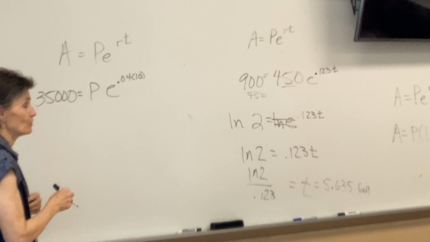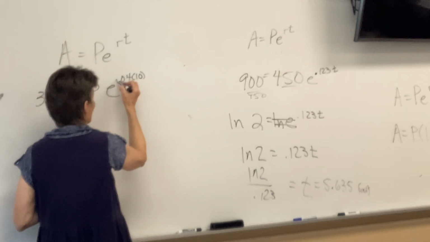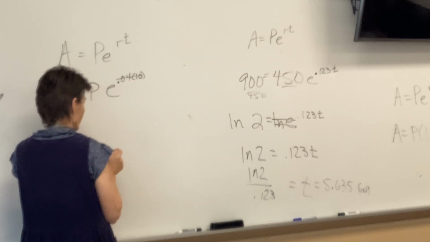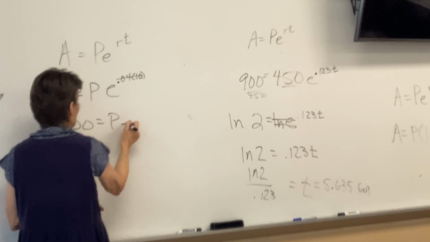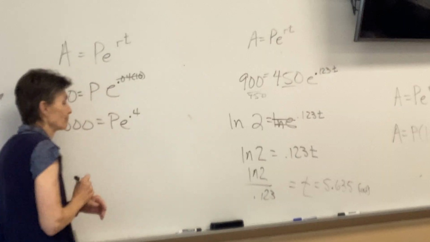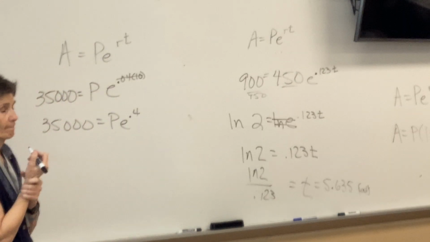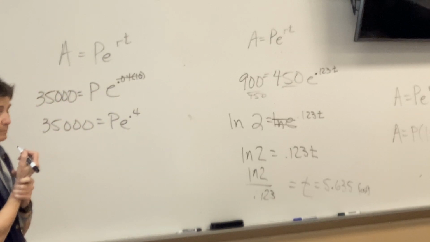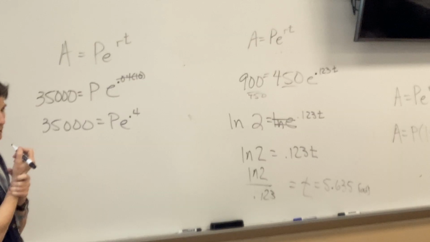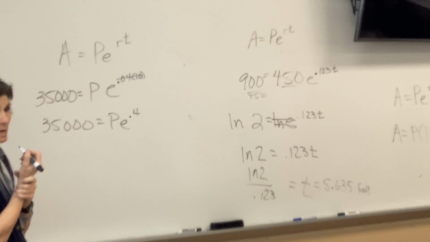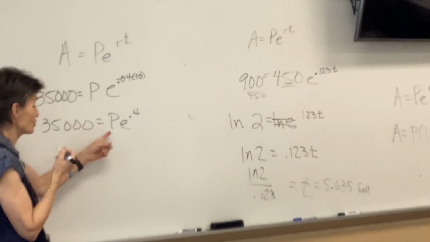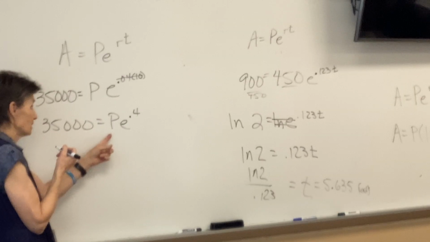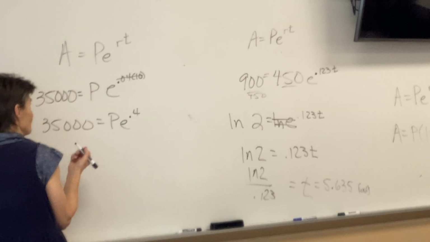You do not have to do this, but I always clean up my exponent if I can. So I'm going to multiply those two together and get 0.4. Now, is your variable in the exponent? No. No logarithms. Your job is to solve for P. Very simply, you're going to do what?